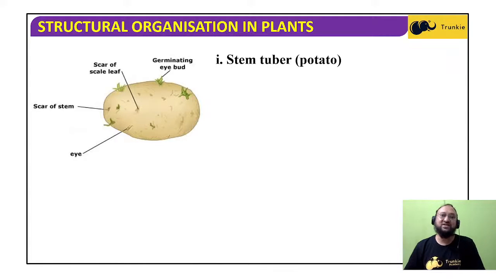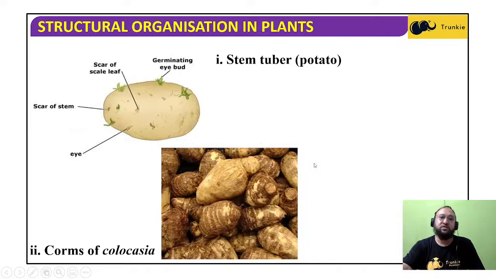In potato we find germinating eye buds, scars of leaves, you can see the eyes, and from them a new plant can grow. So this is an example of underground stem modification, potato.